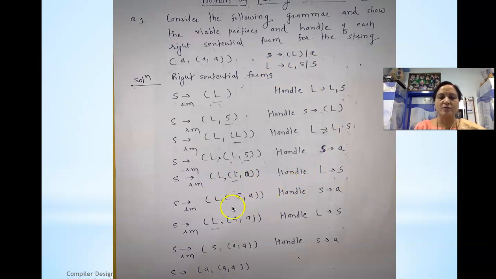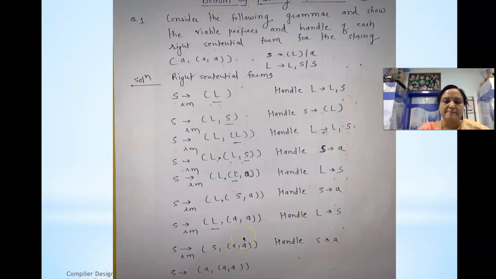Again scan from right to left. This S is replaced by a. We have a production S tends to a, which is the handle here. Again scan from right to left. The non-terminal we come across is L. So this L is substituted by S, and the handle is L tends to S. Then this S is replaced by a, because we have a production S tends to a.